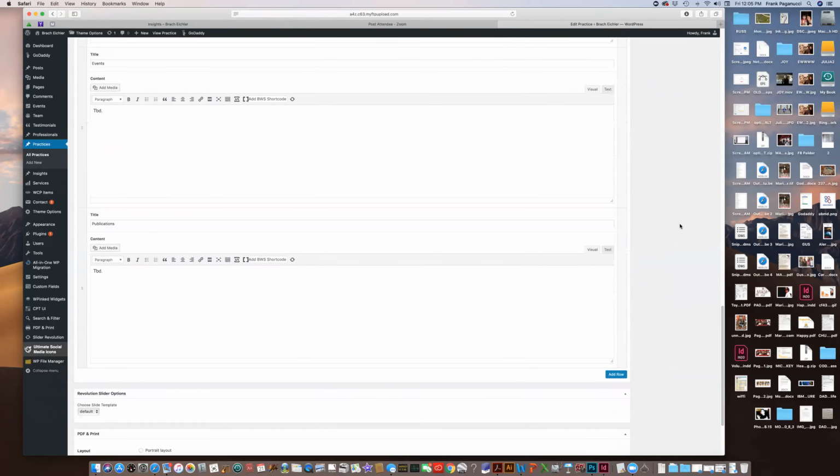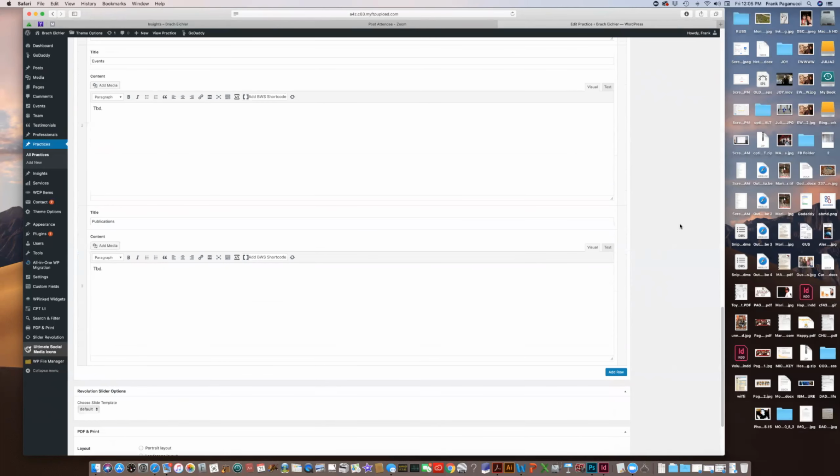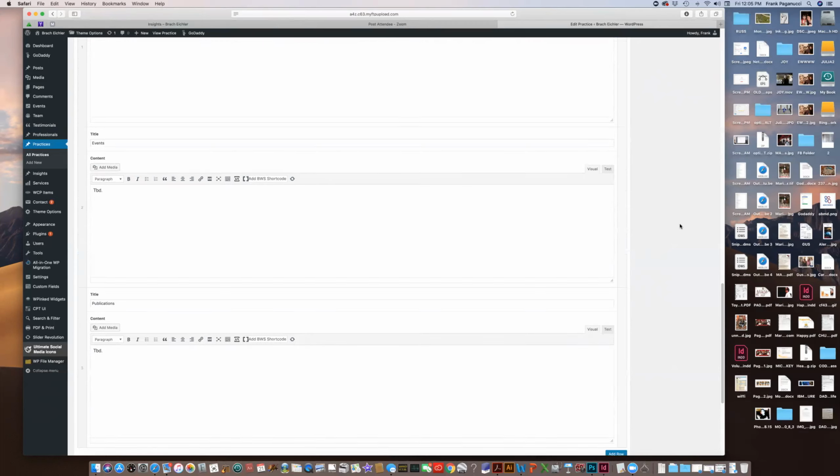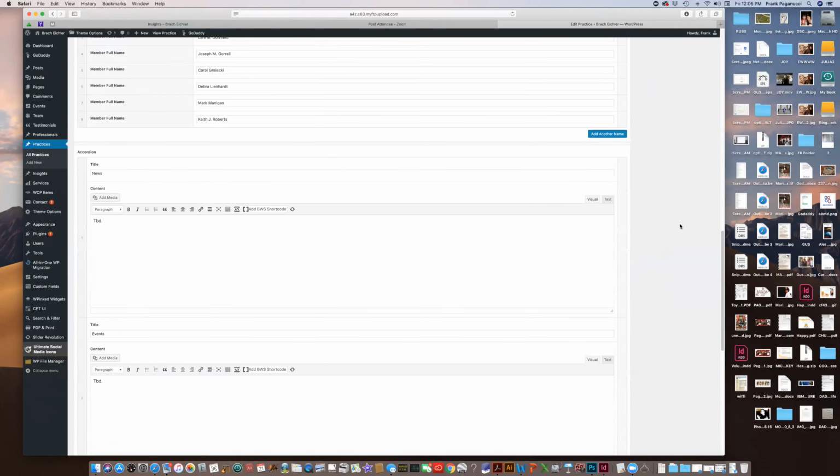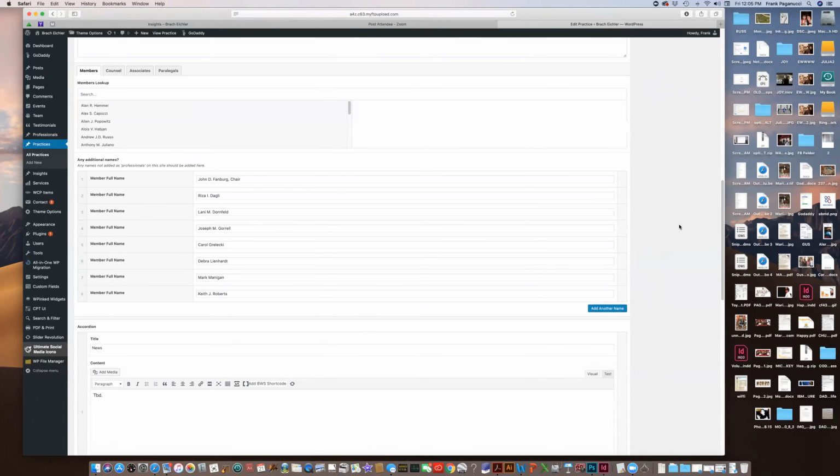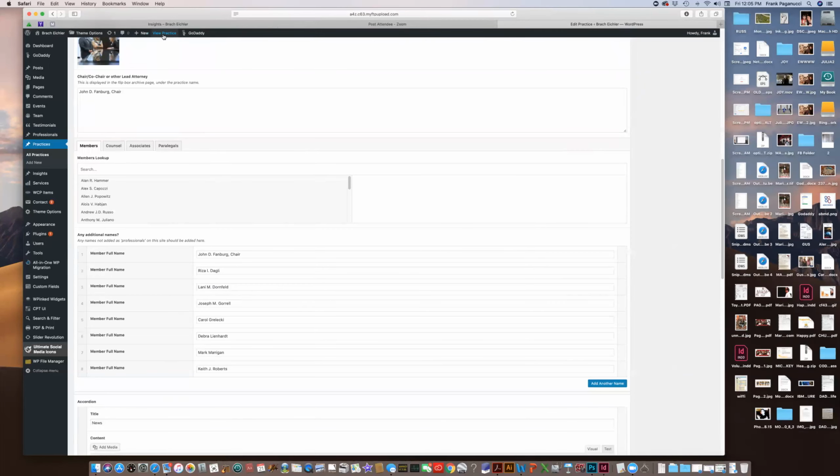Right. So the problem is it works for health law, but it's not working for real estate. We just saw real estate before this, right? It's not showing, but in health law, it's showing. Yes.